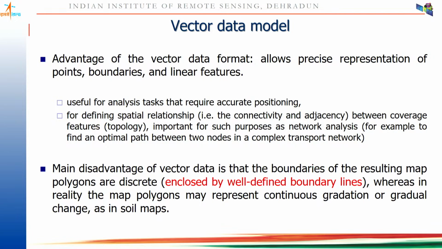The main limitation or disadvantage of this model is that the boundaries of the resulting map polygons are discrete. Discrete means enclosed by well-defined boundary lines. So this model is very good for creating administrative boundaries like village boundaries, district boundaries, state boundaries, country boundaries or a world map.